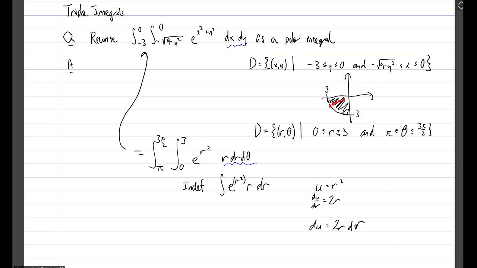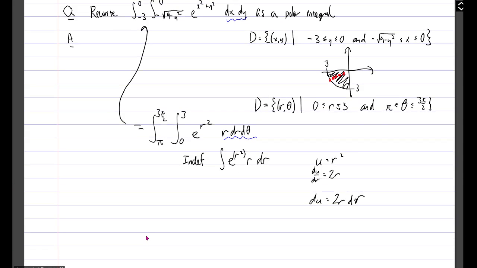Let me just say that we're about to start a new topic, but it will be very important to master double integrals in polar coordinates. It won't really be the main topic of this.